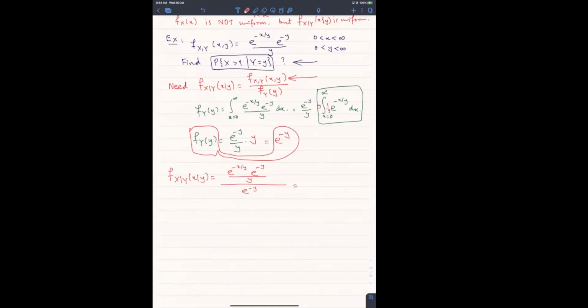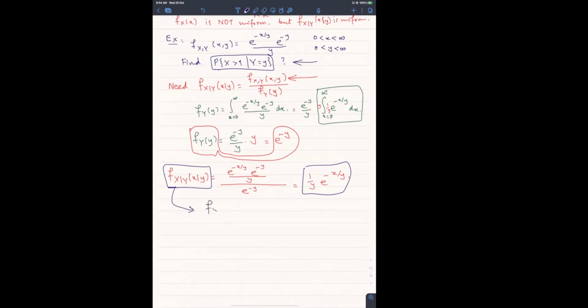So this turns out to be 1 over y e to the minus x over y. Once again, recognize कि ये जो चीज है ये lambda e to the minus lambda x है. So the conditional PDF of x given y is an exponential.